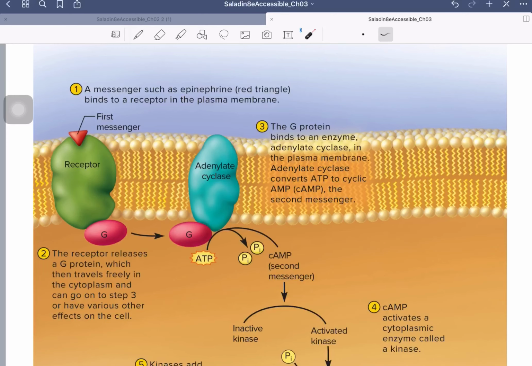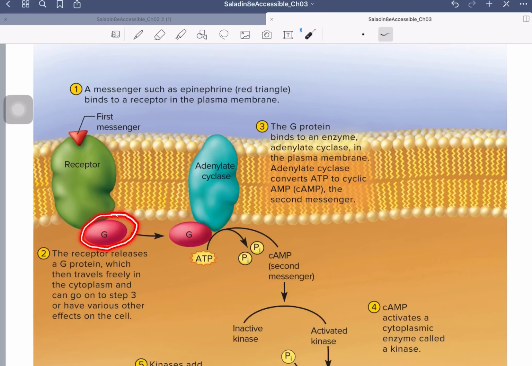If epinephrine comes up to the cell and finds the corresponding receptor and binds onto it, first of all, this message cannot enter the cell. It has to stay on the outside. But the binding of the first messenger with the receptor, like a lock and key fit, causes the activation of something called the G protein.